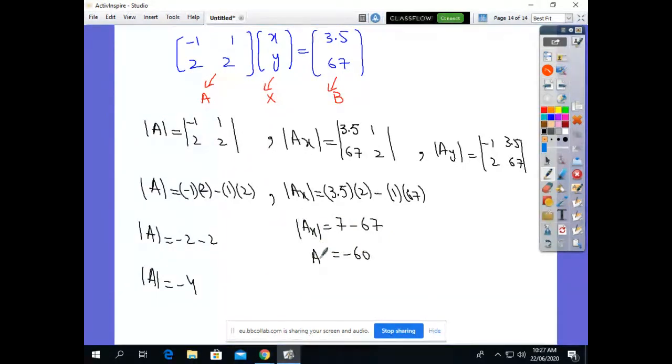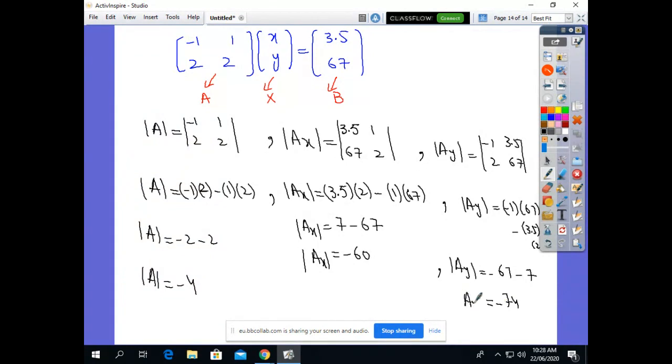Determinant of AX becomes -60. At last, AY, which is -1 times 67, minus 3.5 into 2. AY becomes -67 and -7, and it becomes -74.